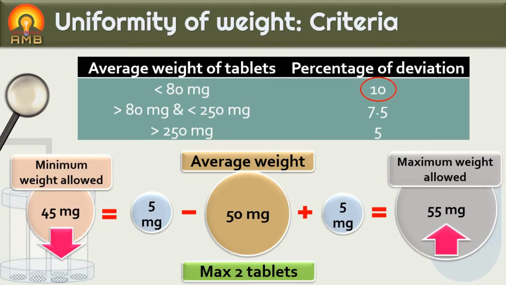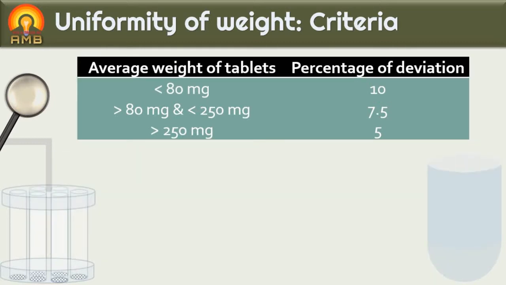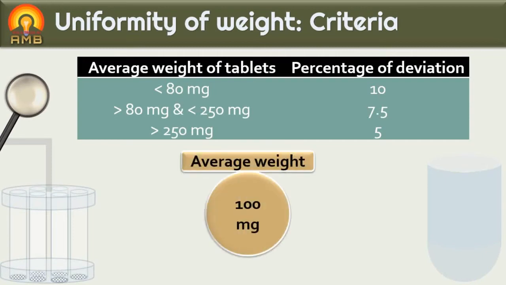Let's discuss another example. Suppose the average weight of 20 tablets is 100 mg. In this case, the percentage deviation allowed is 7.5%. 7.5% of 100 mg means 7.5 mg.